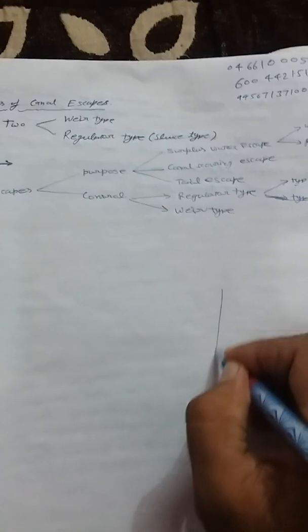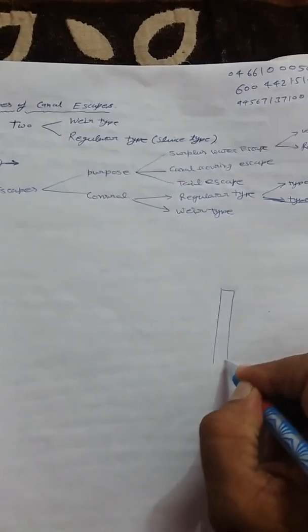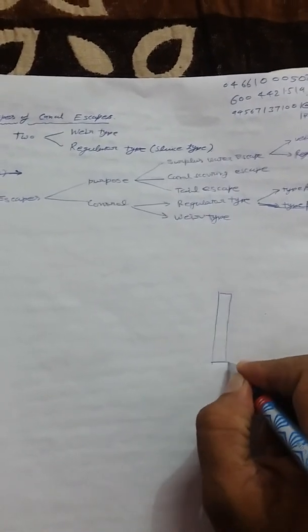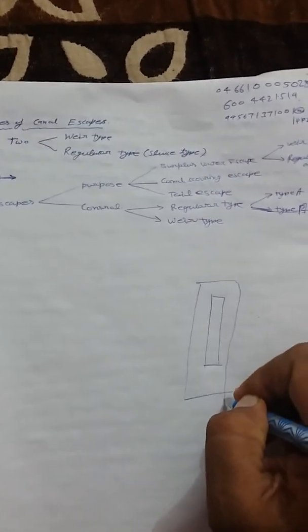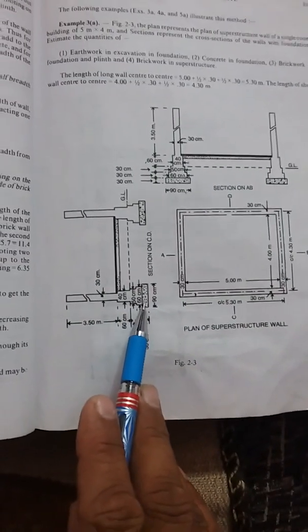Let me draw it on paper so that you can see it clearly. Suppose this is the wall. If we want to prepare the footing, we have to excavate this much depending upon the cross section.